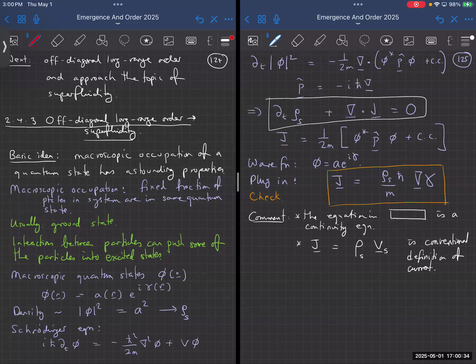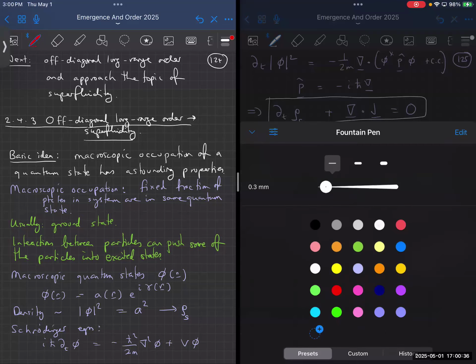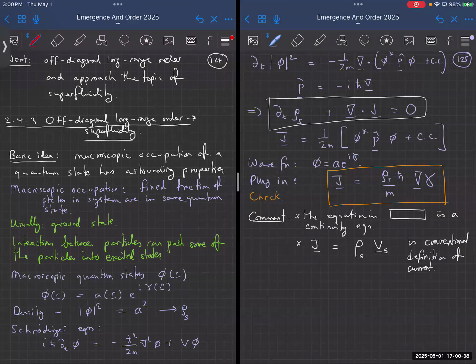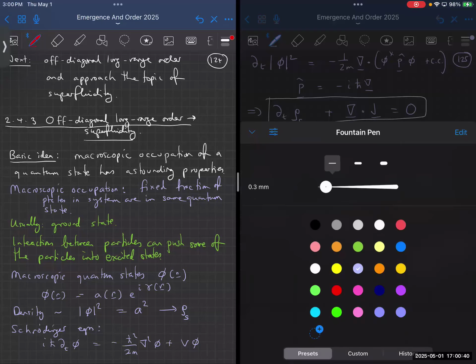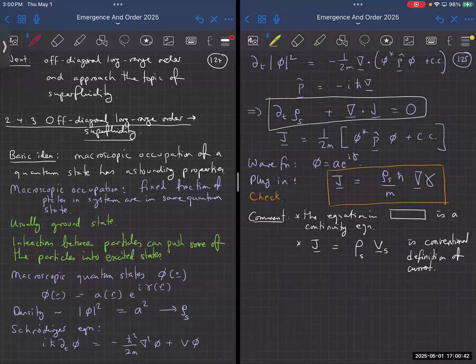And so what we've just learned from looking at these two equations is that the velocity of this superfluid current, whatever it is, of quantum particles in a condensate, is given by the gradient of the phase of the wave function, multiplied by h bar over m.